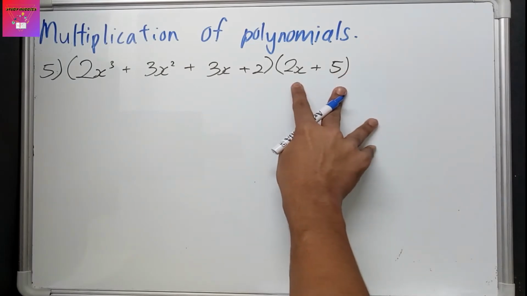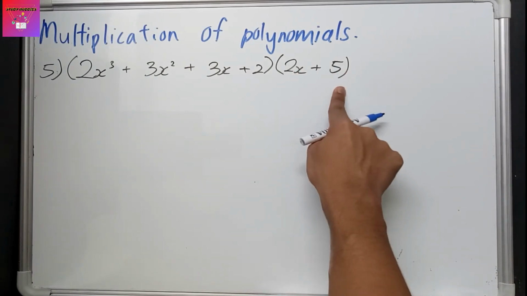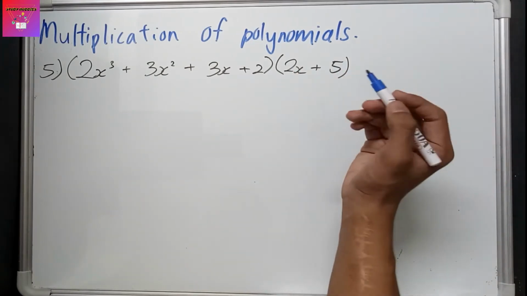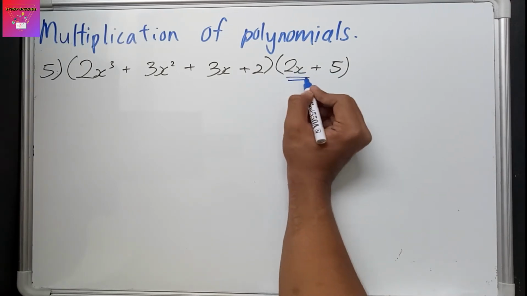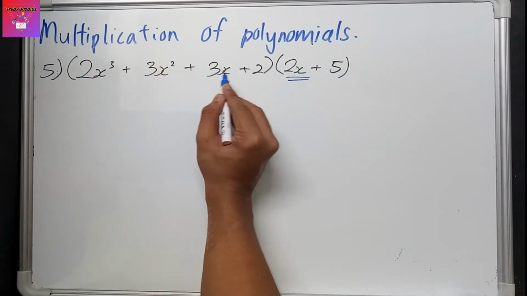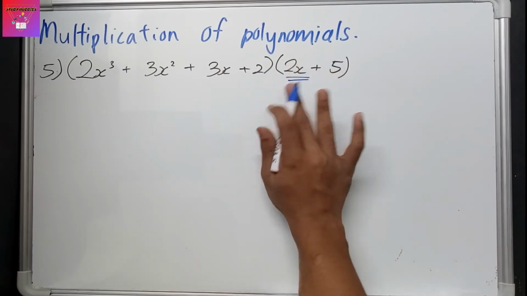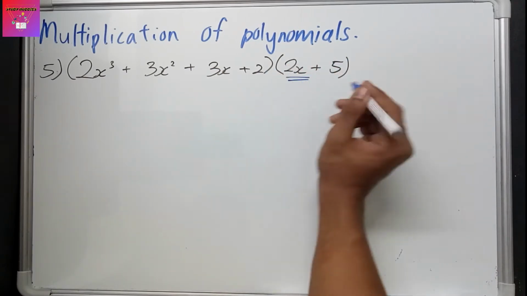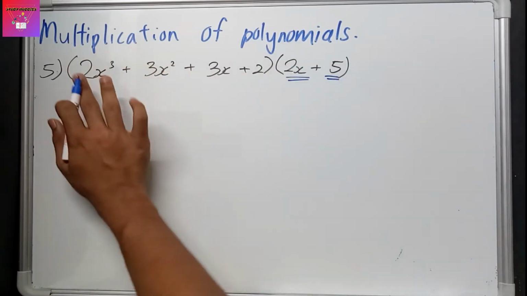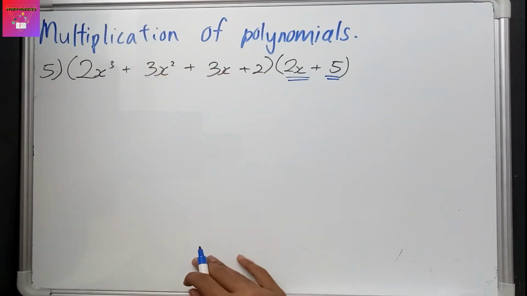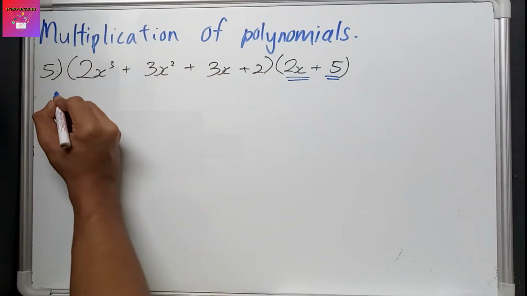You can do it from either factor, but I'll prefer doing it from this one because it is much simpler. First we take 2x and multiply with all the 4 terms, and then we take 5 and multiply with all the 4 terms. Okay, let's begin.